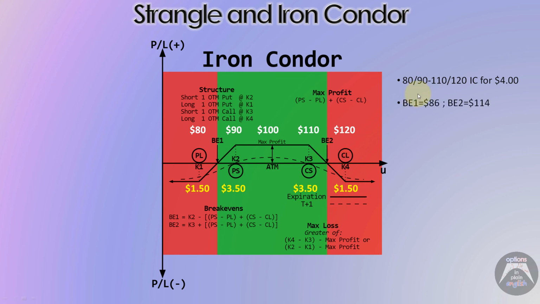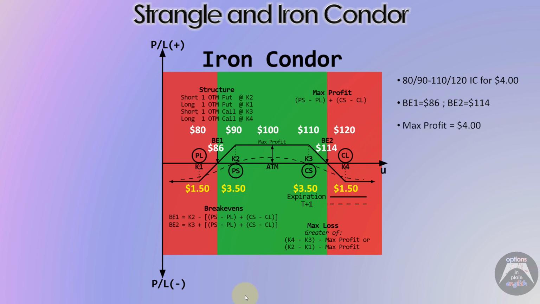The break-even 1 is going to be K2, in this case $90, minus the credit that you received, so 90 minus 4, it's going to be 86. And the break-even 2 is going to be the strike price where the short call is, plus the credit that you received. So 110 plus 4, so it's going to be a total of $114.